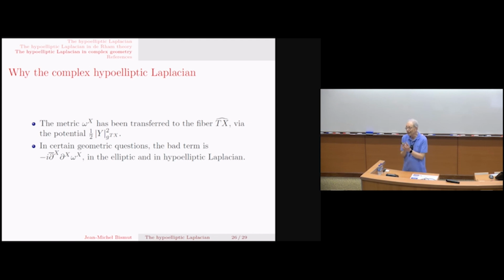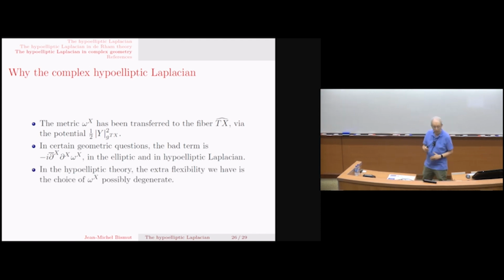You are now in a context where you are allowed to take extremely degenerate Kähler forms, which is completely forbidden in the elliptic world. And in this case, what we shall do is replace omega by scaling the Kähler form omega of the base by y squared. We're going to start making the metric on the base and the fiber interact with each other.